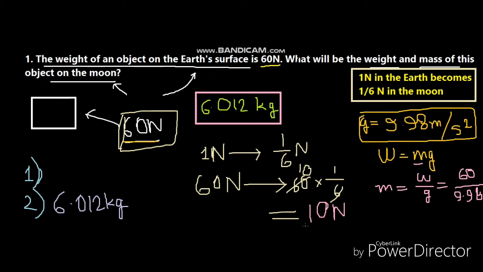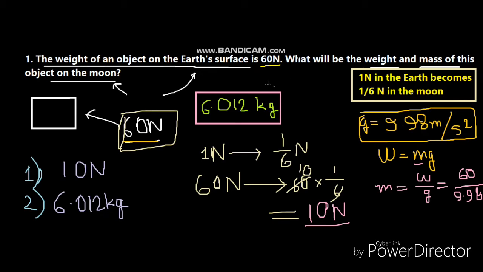And this is the weight of this object on the moon's surface. So we have found the answer of the first question too, and that will be 10 Newton. So when the weight of an object on the earth's surface is 60 Newton, the weight of this object on the moon will be 10 Newton, and the mass of this object on the moon and also on the earth will be 6.012 kilogram.